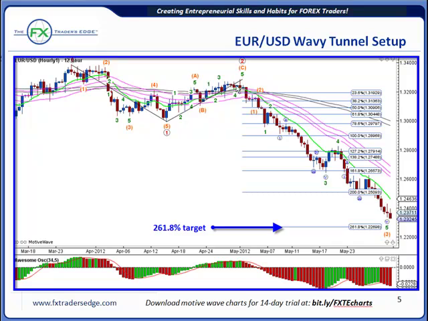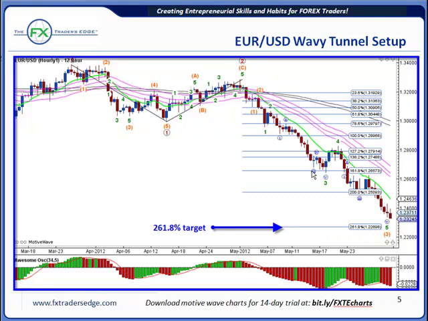So if we take an extension and project wave 3 against wave 1, we come up with various targets. Now, the first target that we mentioned a few weeks ago was the 161.8% target at this price right here, 126.57. We reached that target, the market rebounded, corrected up to the 128 level, and then resumed its downtrend.